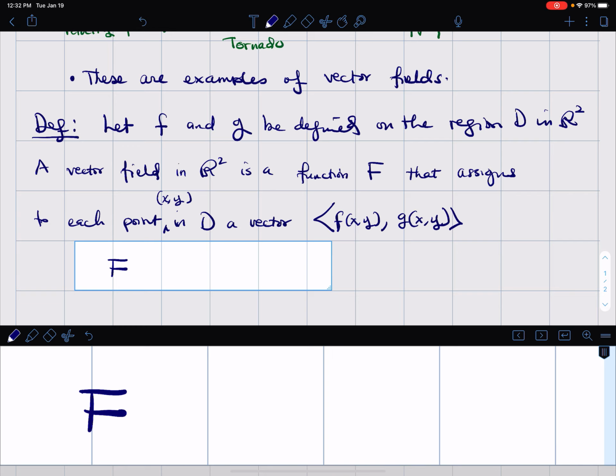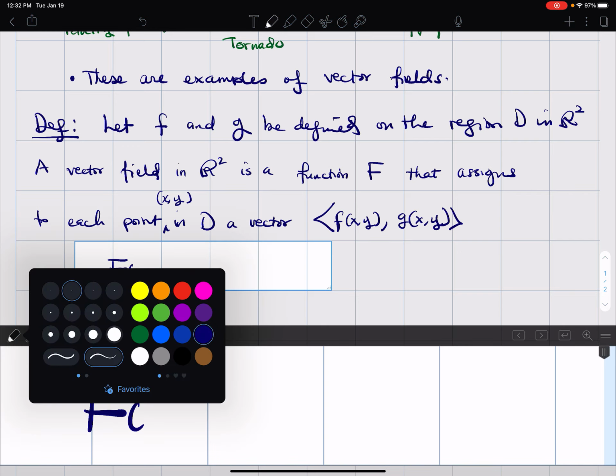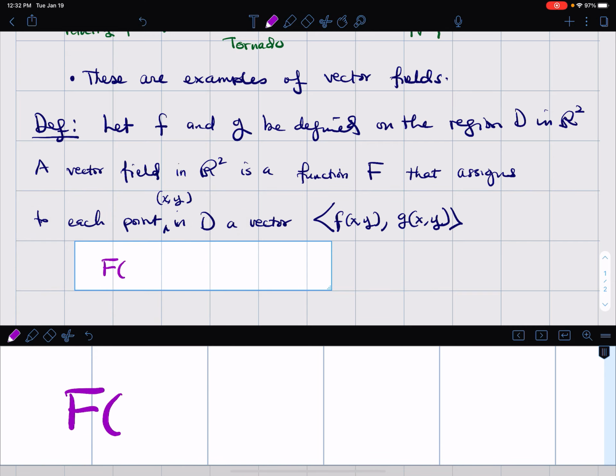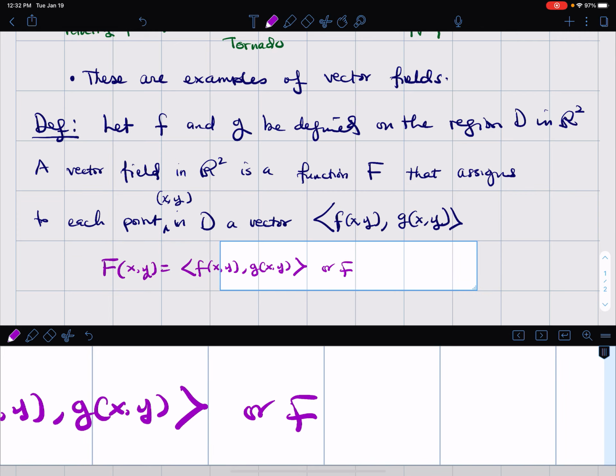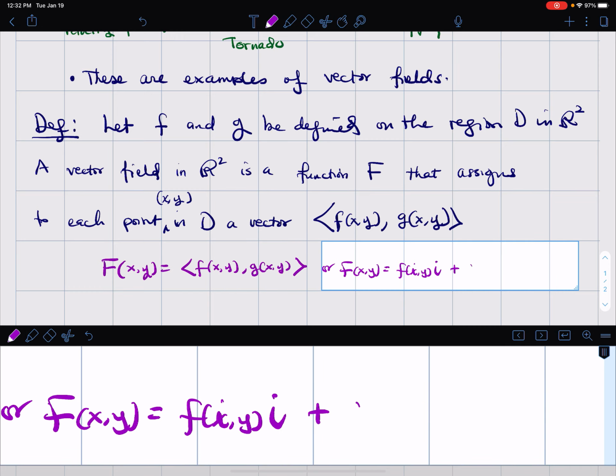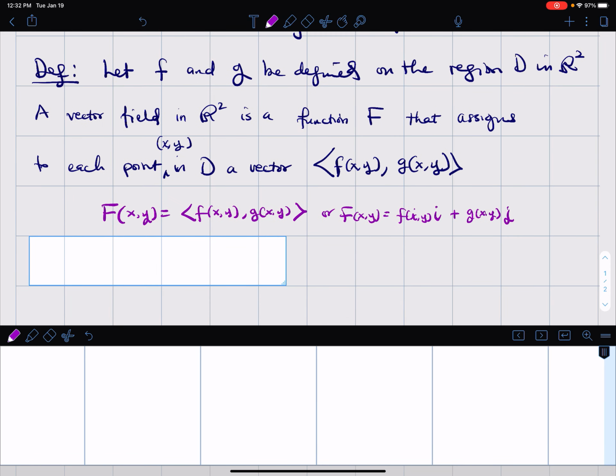So we write it this way. The notation would be F of xy is f of xy, g of xy, or sometimes we write it like this: F of xy is f of xy i plus g of xy j. So this vector field can also exist in R3.